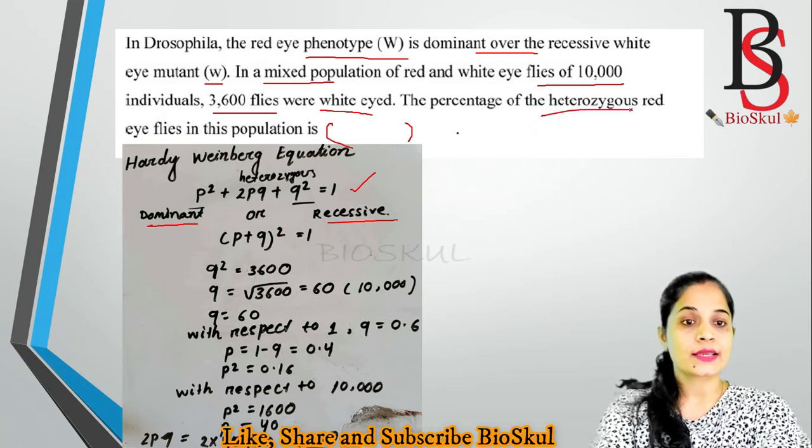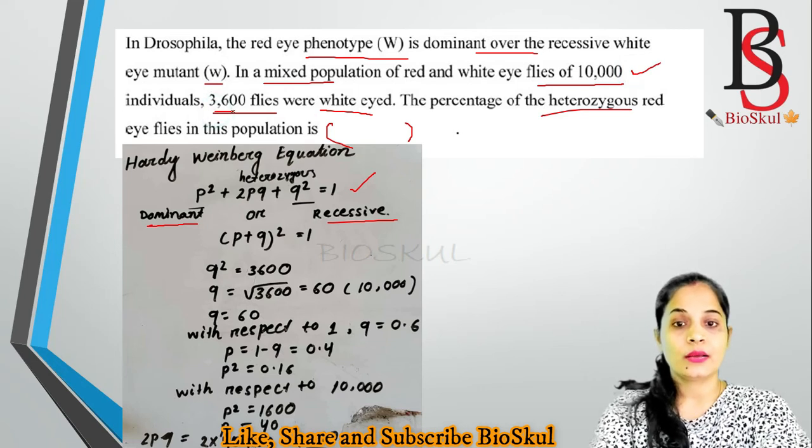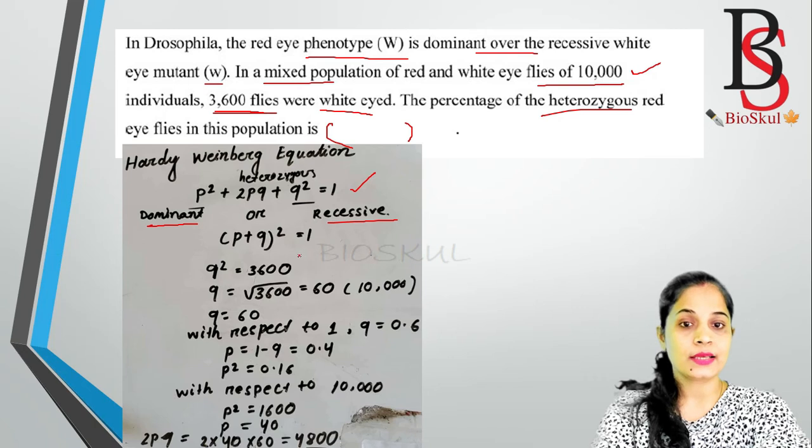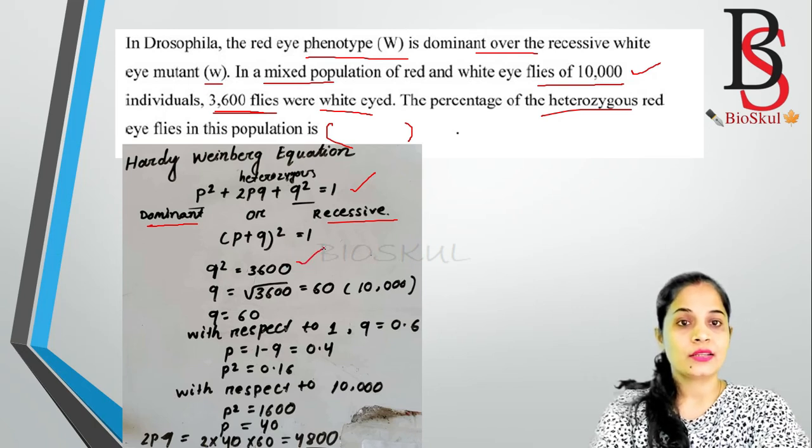Here it is asking about the percentage of heterozygous from the total population of 10,000. And the 3,600 flies are the recessive, that is q squared, which is given as 3,600. We have to calculate p, because it is asking about heterozygous 2pq.